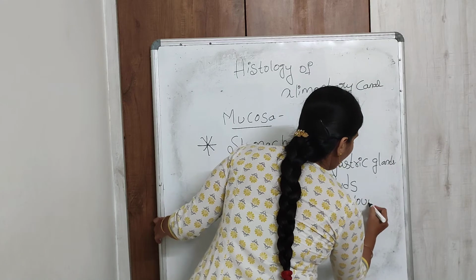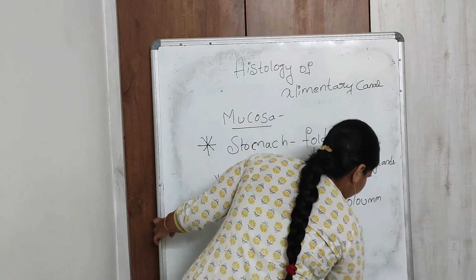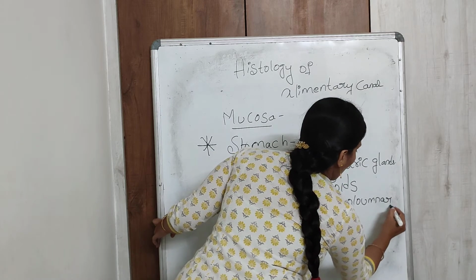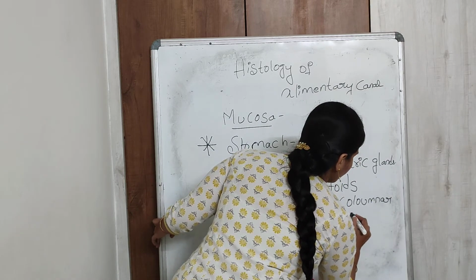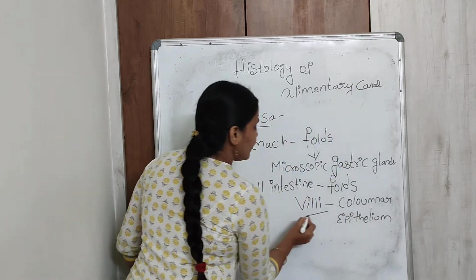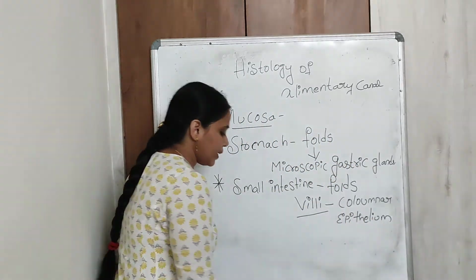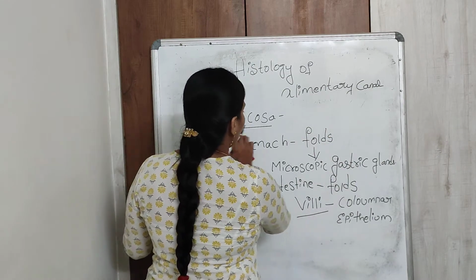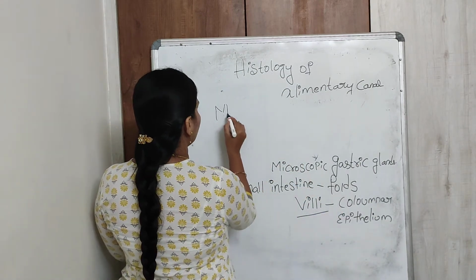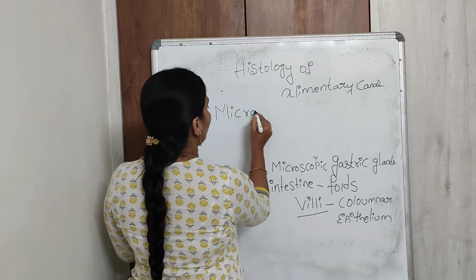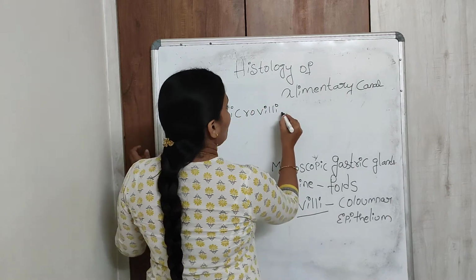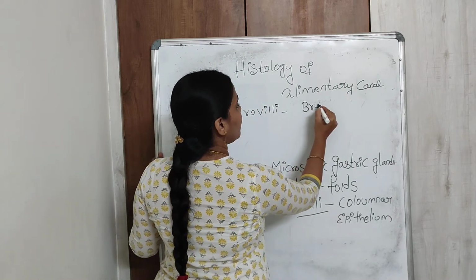This is an important point, children, and an important objective also. This villi divides and gives rise to microvilli. This microvilli will give a brush border appearance.